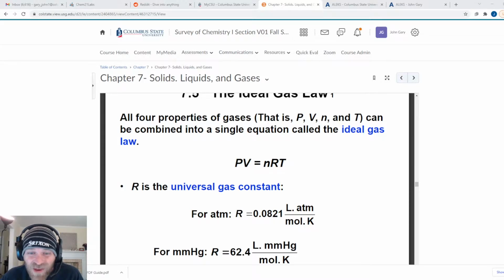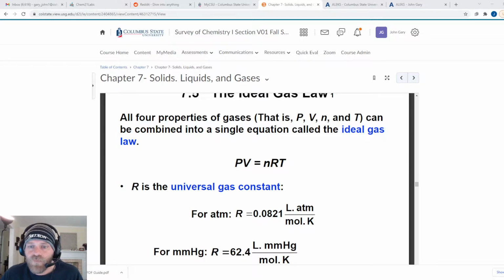You have to determine which pressure they give you so you can use the right R value, because each R value has a different unit for pressure. You have to make sure you match that up with the one they give you. Usually we use the atm one, because atmosphere is usually about 1 atm, but not always. We have systems where we've created higher pressures. I'm just saying, usually we use atm.